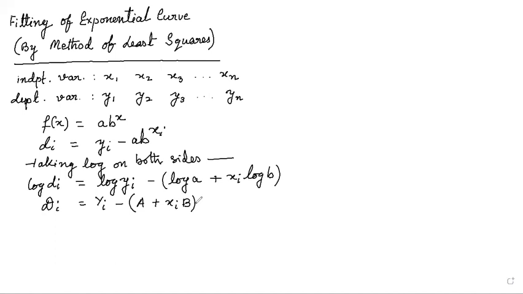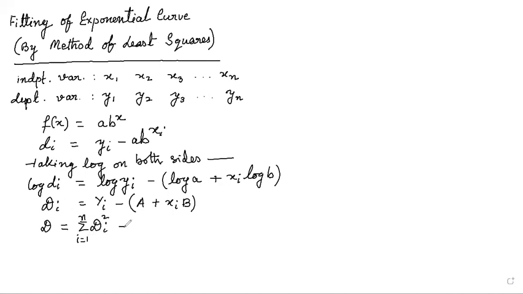Now we are going to minimize the sum of the squares of this di. So let us take the sum of the squares of di, that is summation di square. Let us denote capital D as the sum of all di squares, obviously i varying from 1 to n.